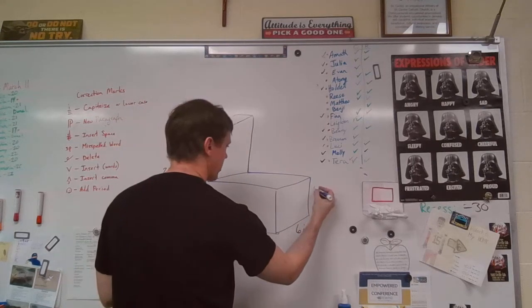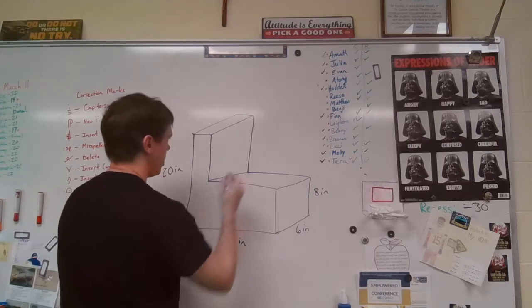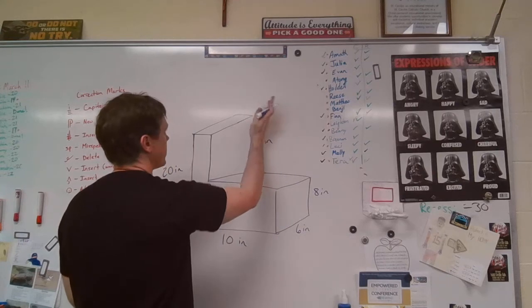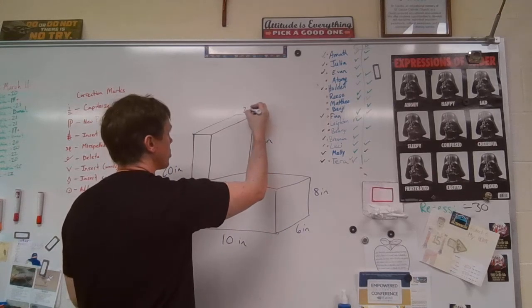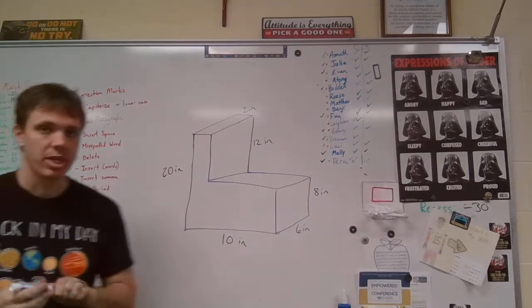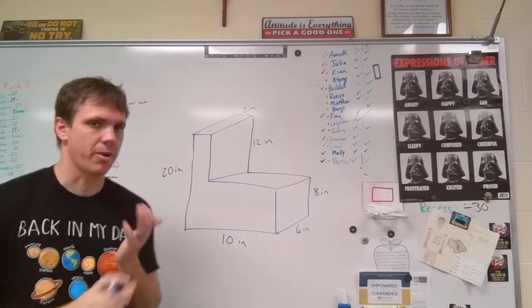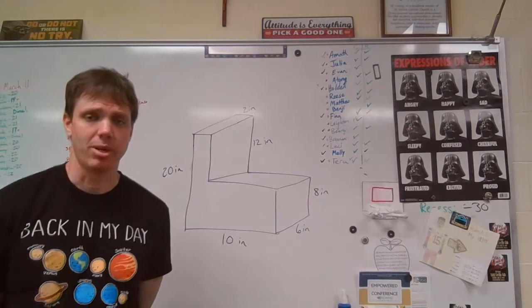Coming up here, this is going to be 8 inches, and this is going to be 12 inches, and this is, we'll say 2 inches. I don't know if that makes sense, but that's okay. All right, so we've got this weird shape, and hopefully you can see it with the glare. I apologize again for that. And I want to know what the volume is for this shape.